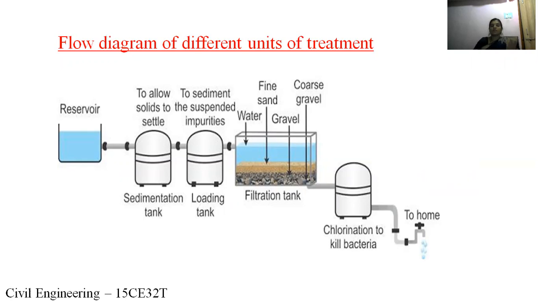From the reservoir, the water is allowed to stand in the sedimentation tank, where the water is allowed to stand for some period so that solids or impurities which are present in the water will start sedimenting in the sedimentation tank.